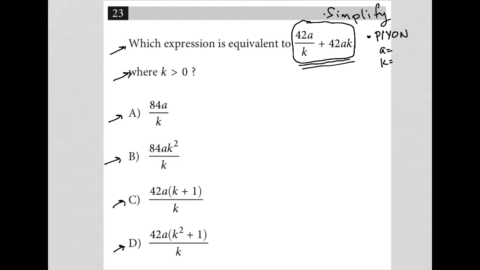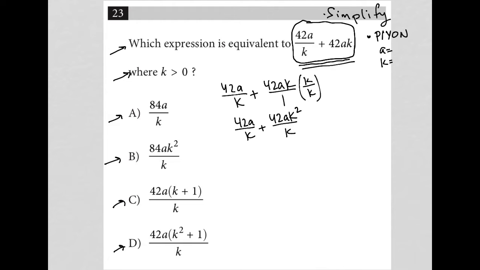So in terms of simplification, I have 42a over k plus, I'm going to call this 42ak over 1, just to make them both fractions. And then in order to add fractions, I have to have a common denominator, which means I'd have to multiply this right fraction by k over k to make it have a denominator of k like the first fraction does, which would turn this into 42a over k plus 42ak squared over k.